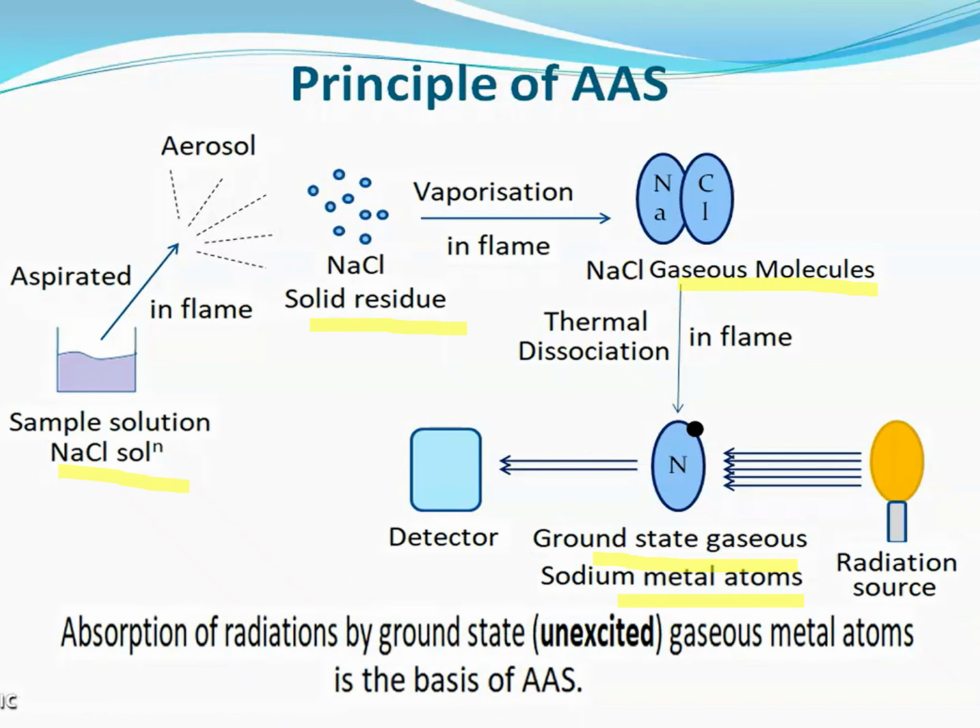We can see here that it was in solution form, then aerosol was formed, then molecule was formed, then atom was formed. So we need this atom. Incoming radiation will come through this atom, and the transmitted radiation will be detected in the detector. So this is the sample for atomic absorption spectroscopy.